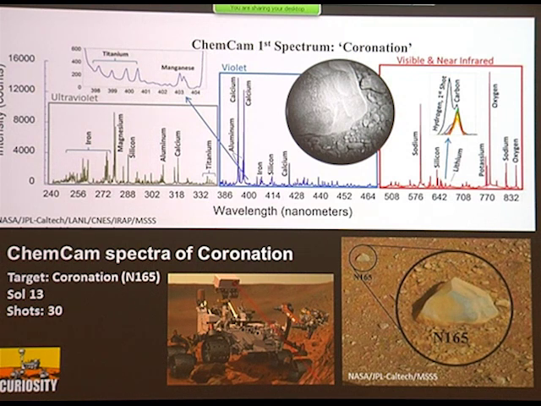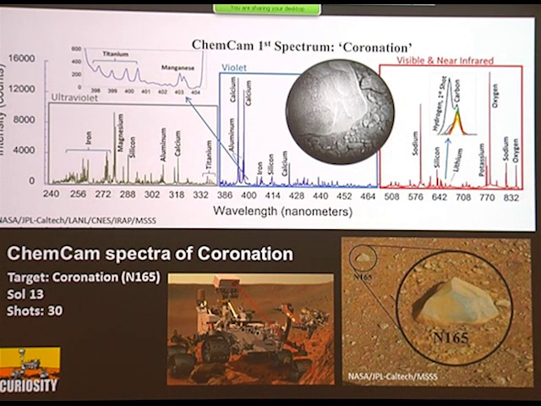So ChemCam, we talked about the zapping things with the laser. So this is the first thing we zapped, this N165 rock. And you can see the spectral analysis that we got back from the plume that develops when you zap things with a laser. We get unbelievably interesting data back about what these rocks are actually comprised of.